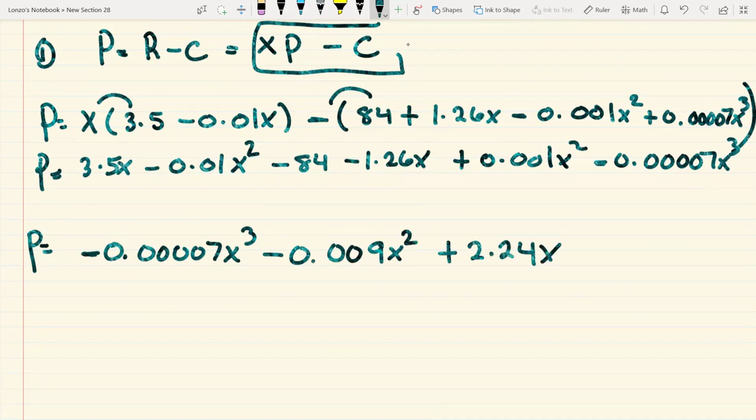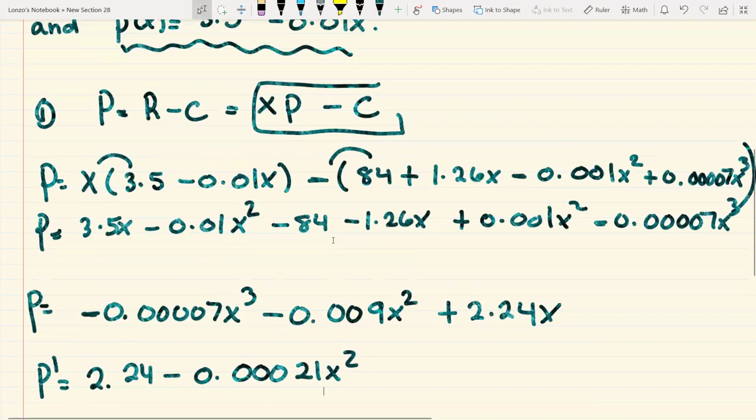Okay. Then what you have to do is to find the maximum value, you take the profit, you take P prime. So the derivative will be, what is the derivative going to be? It's going to be the P prime is going to be 2.24 minus 0.321x squared.